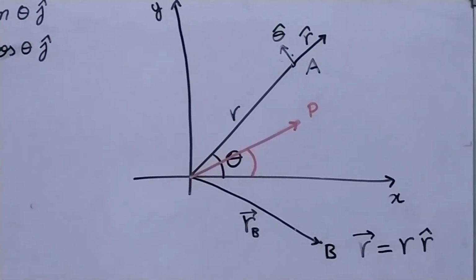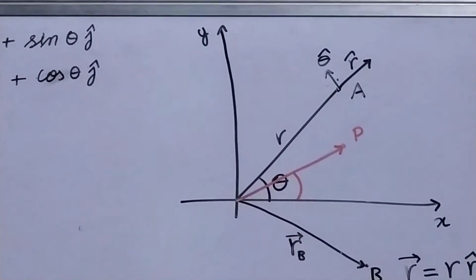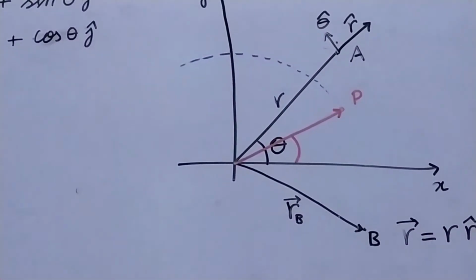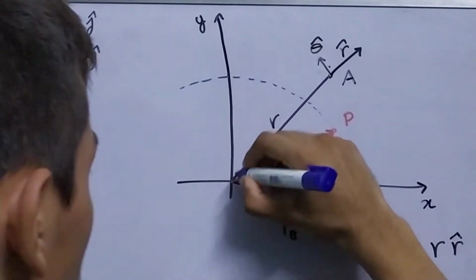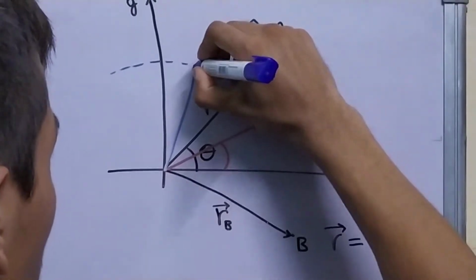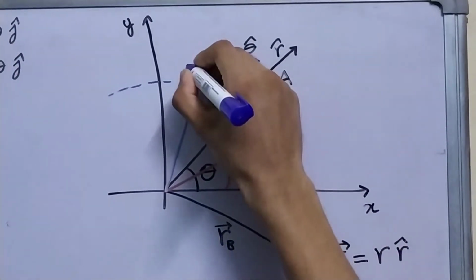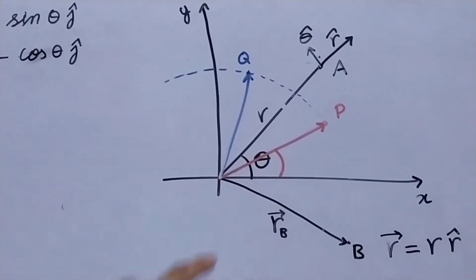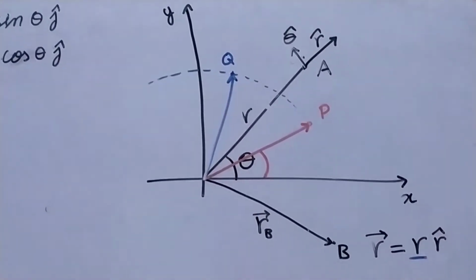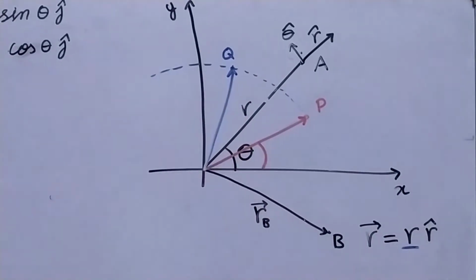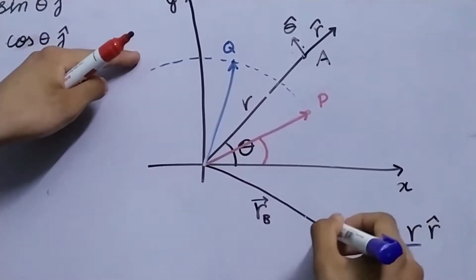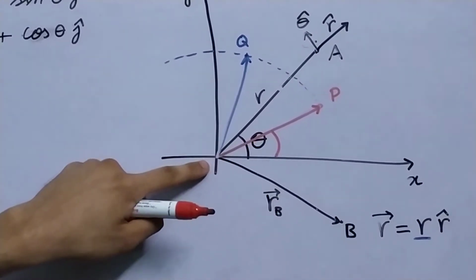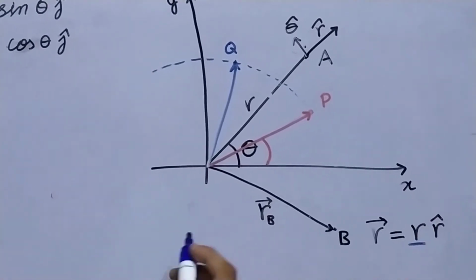Now what I can do is make a circle like this, and then draw this vector, and these two vectors have the same magnitude. This is constant for particle P and particle Q because they lie on a circle, and this is the center of the circle, so the two radii are the same, therefore the distances from the origin are the same.